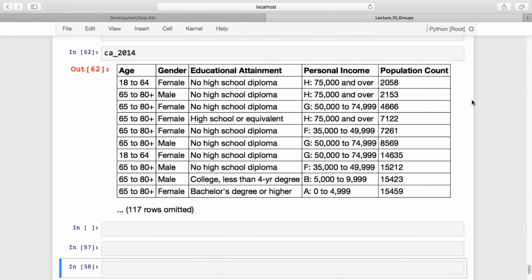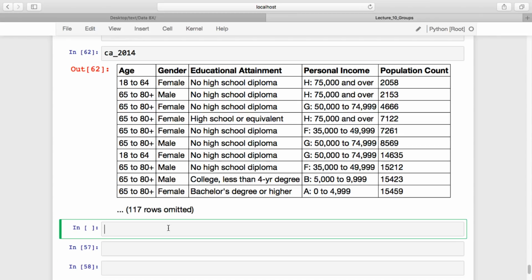There's our data set. It has multiple columns. We're interested in educational level and personal income, and we want to see how many people there are in different education and income categories. So this says we should be using pivot, and we'll create a new table which I am going to rather lazily call educ and income because I'm too lazy to spell education.